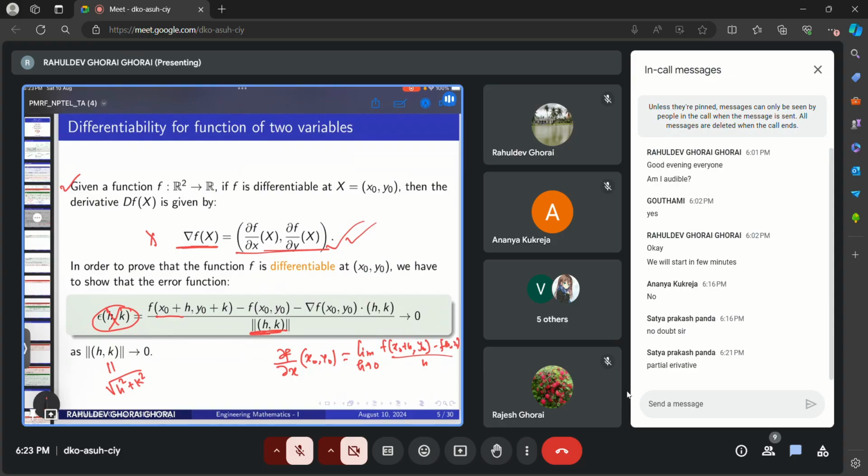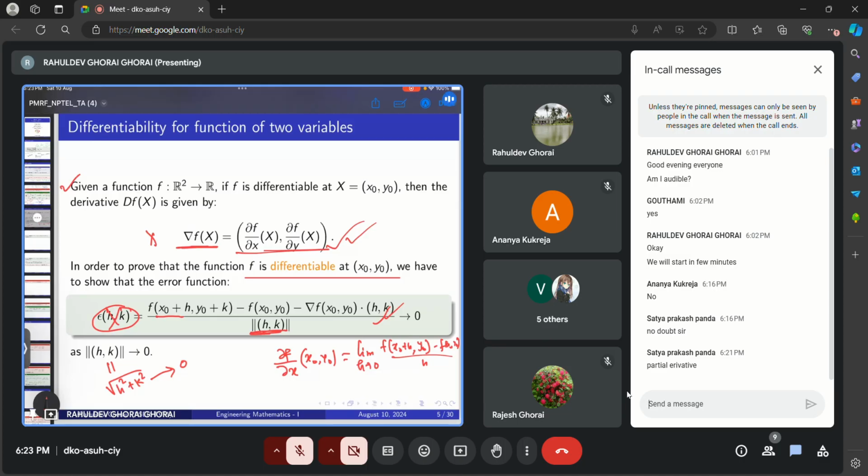This ratio will converge to 0, because in one variable you had one ratio, that ratio was in one direction. Here you have two directions, so you have to consider one more thing. Just remember it, or try some practice questions on this, then it will be fine. So what I'm telling is, f is differentiable at x0 y0 if the ratio converges to 0 as h square plus k square converges to 0.